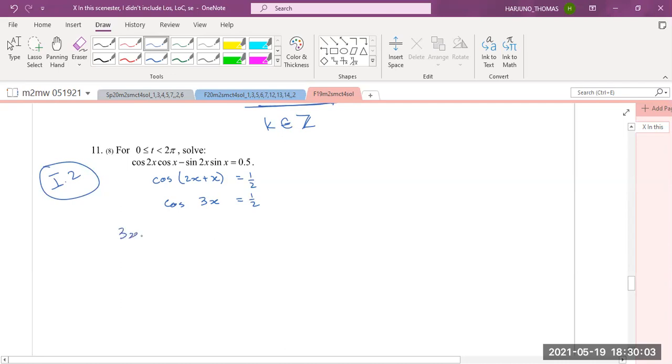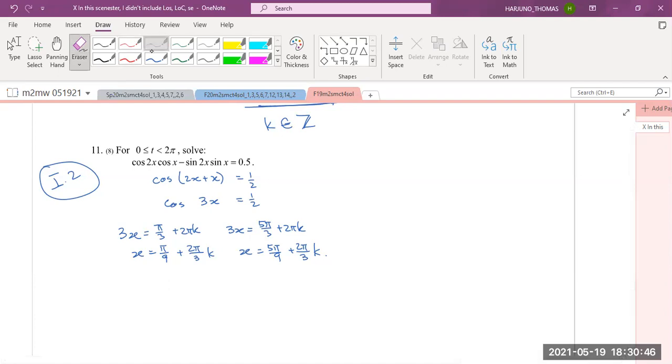So 3x is either pi over 3 plus 2 pi k or 5 pi over 3 plus 2 pi k. Now divide by 3. To help you with your computation to do it faster, because we need to get this from 0 to 2 pi, we need to play with the k later on.